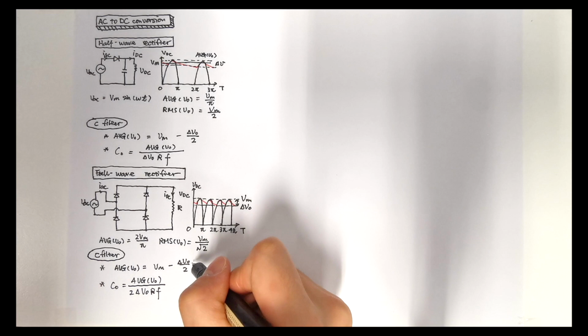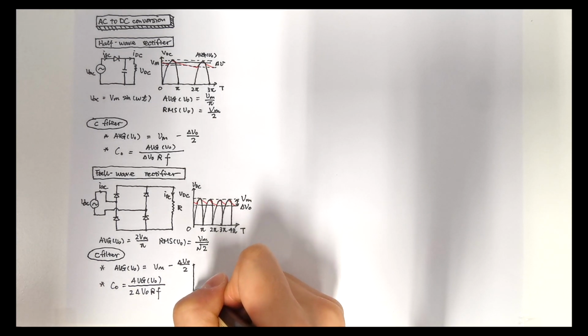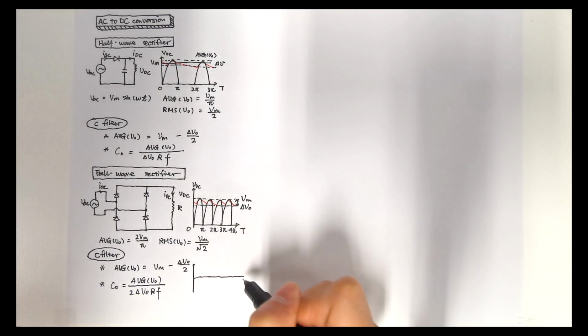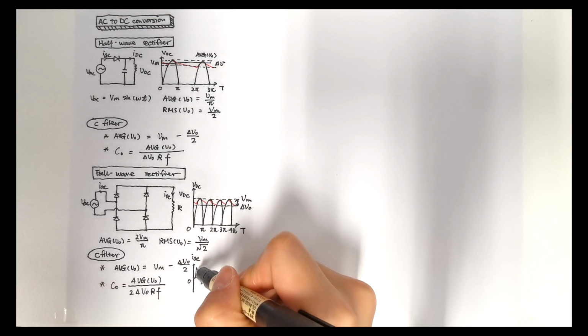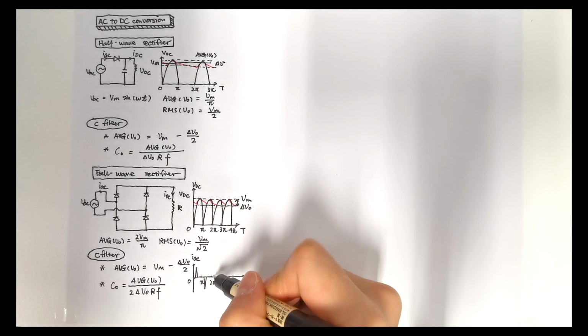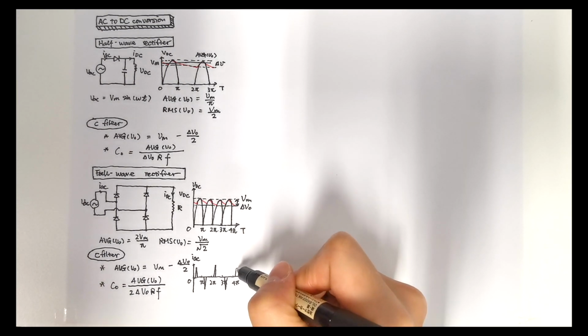However, when we look at the input current, we will find the input current becomes like this. This is because we use a capacitor to maintain the voltage, so the diodes only conduct for a very short time.